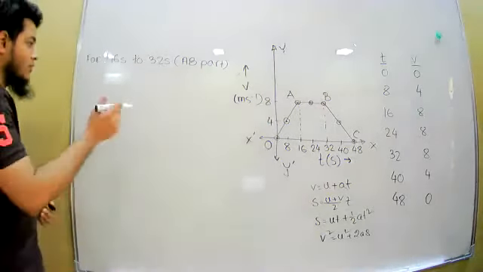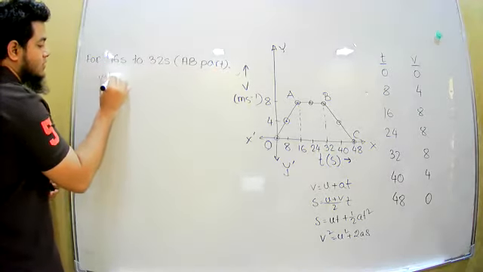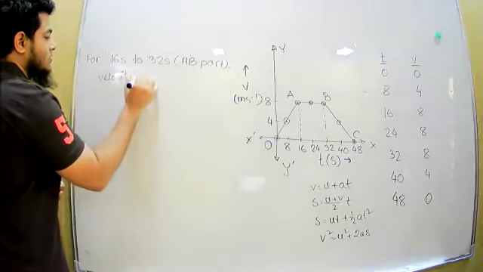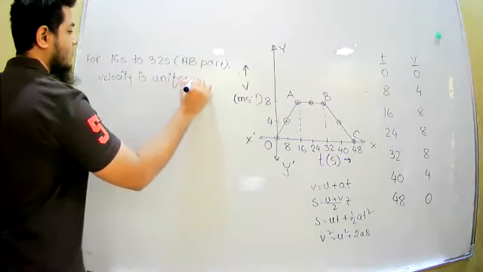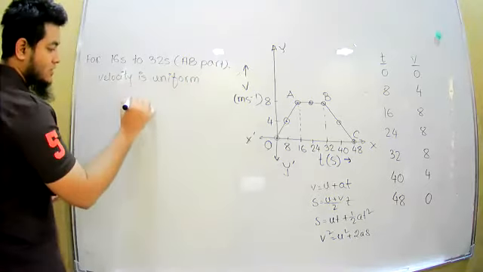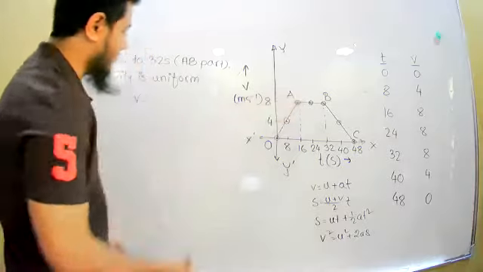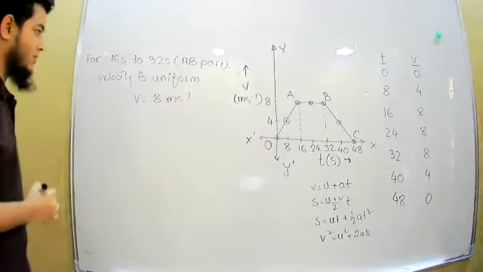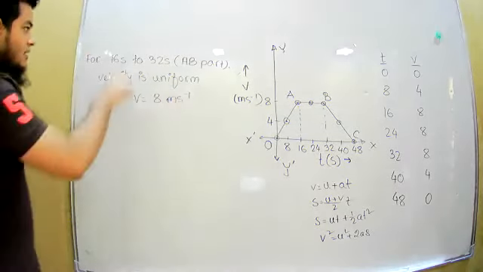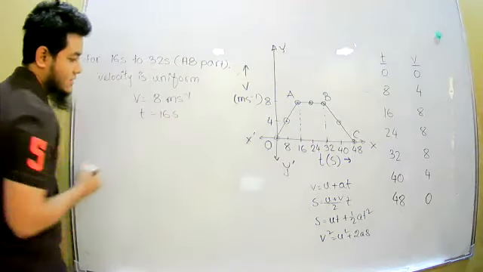So for uniform velocity, we can write that velocity is uniform. And what is that velocity? That velocity is 8. It is not changing from 8. Very good. So 8 meter per second. And the time from 16 to 32, it is another 16 seconds, right?